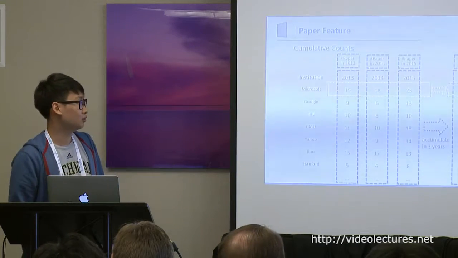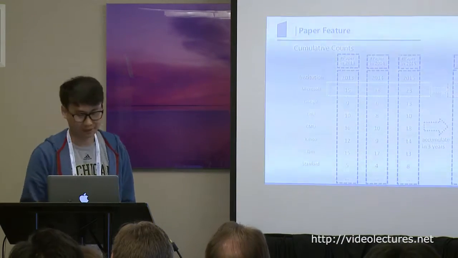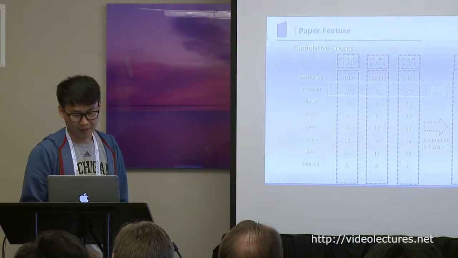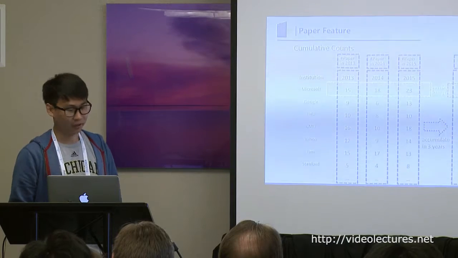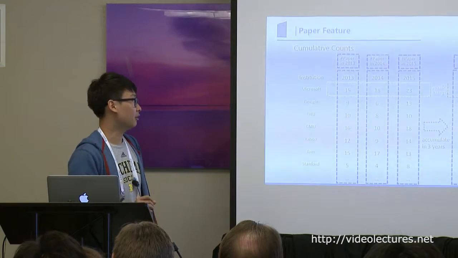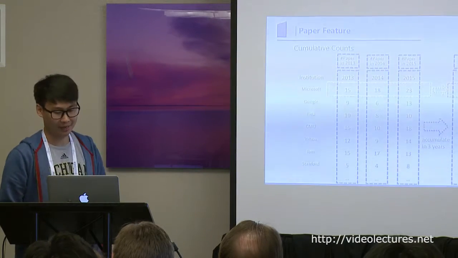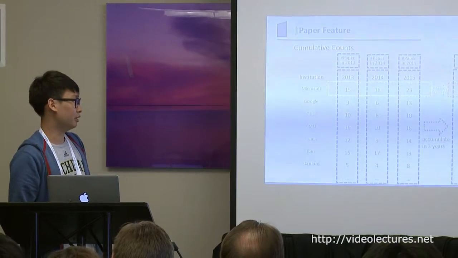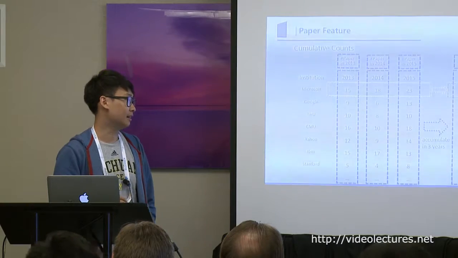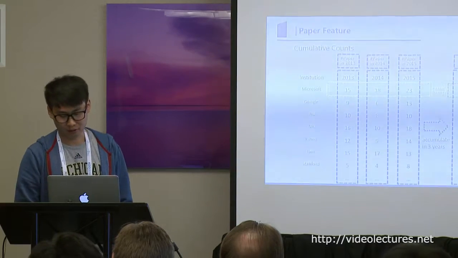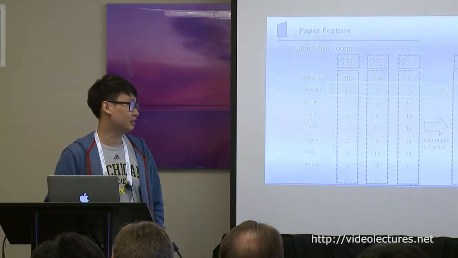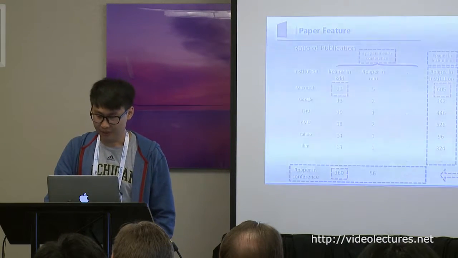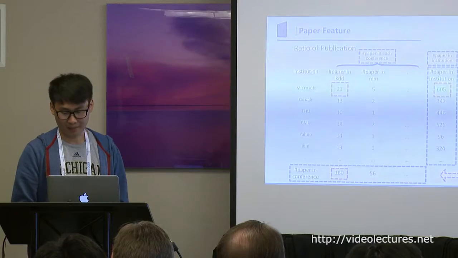From the right table of this page, you can see that the first row corresponds to the cumulative counts for the last 3 years, the second row corresponds to the publication of the last 2 years, and the third row corresponds to the publication of the last 1 year. Then it's the ratio of publication.